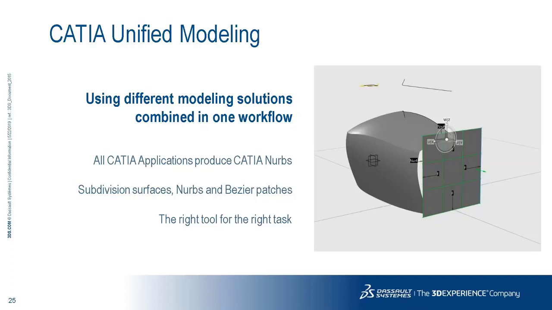Like this, you can do something that we call unified modeling or hybrid modeling, where you can use different modeling applications or ways at any stage that you like. So you start maybe with subdivision surface modeling, and then you continue with class A modeling in places where you need a better surface quality.